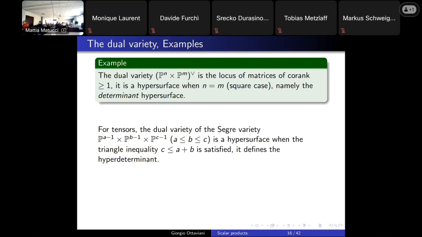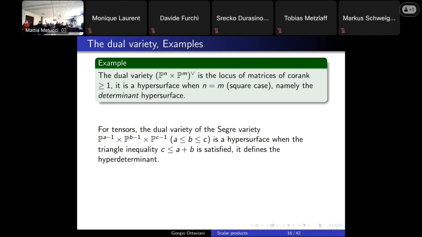And again, this was studied by Cayley, who called it the hyperdeterminant. It is one of the few cases where you can write down explicitly the equation of the hyperdeterminant, about 16 summands or so. Usually, the equations of hyperdeterminants are gigantic and very difficult to compute.